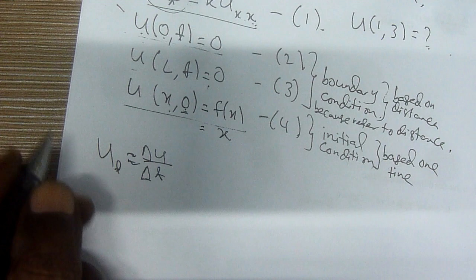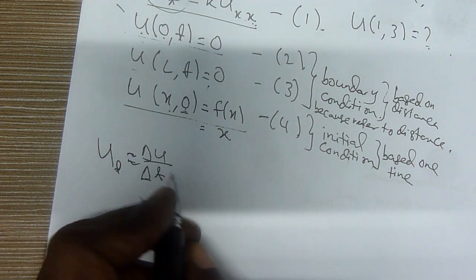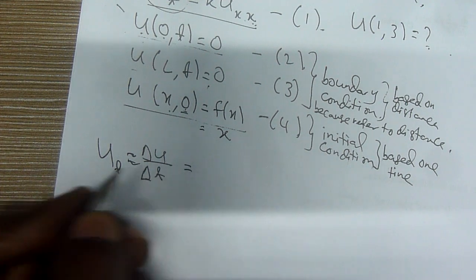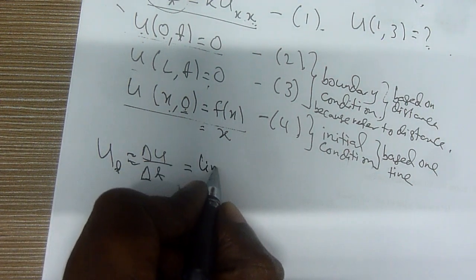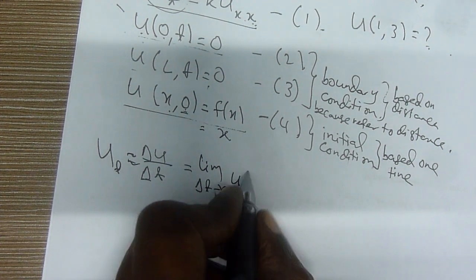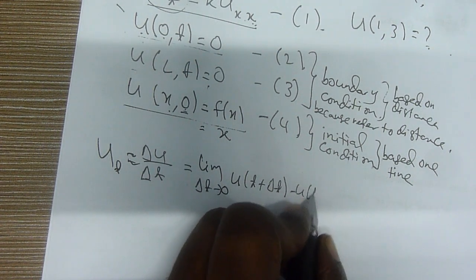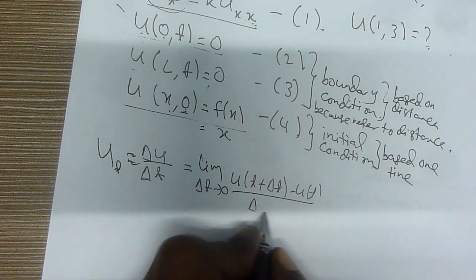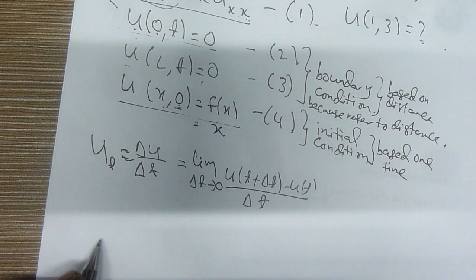Can I say that? The change of temperature over del t. The official representation of this is the limit as del t goes to 0 of the small change in u over del t, which represents u_t.